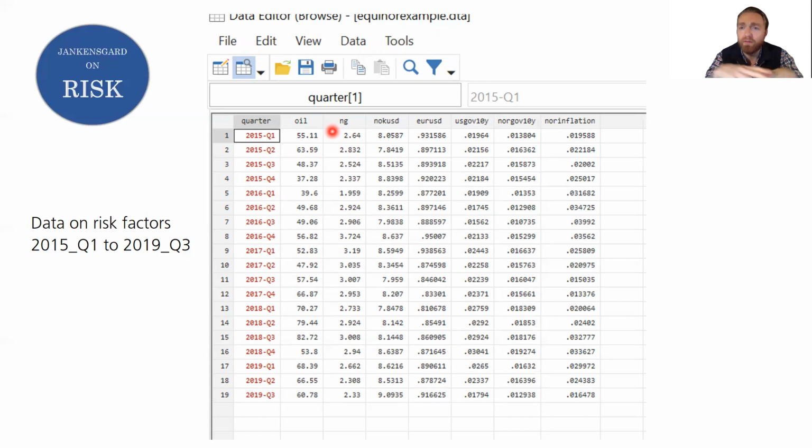The whole setting informs us about what are likely risk factors, in the sense that they drive performance and introduce variability in corporate performance. So we've come up with the oil price here, natural gas, the Norwegian krona versus the dollar, the euro versus the dollar, some interest rates, maybe inflation can have a role in explaining performance. So we're going to have a look at that and see.